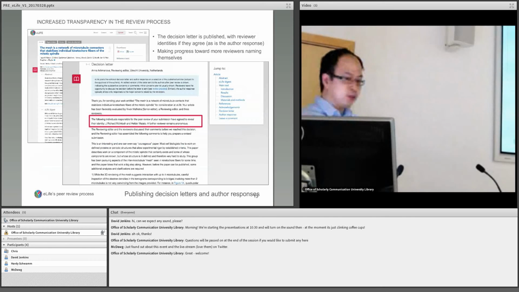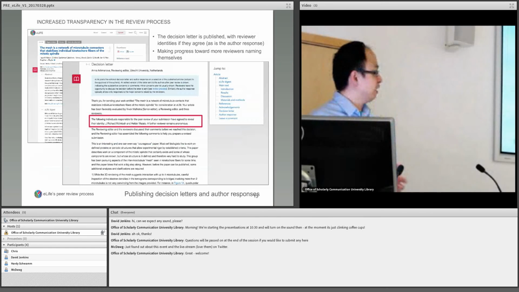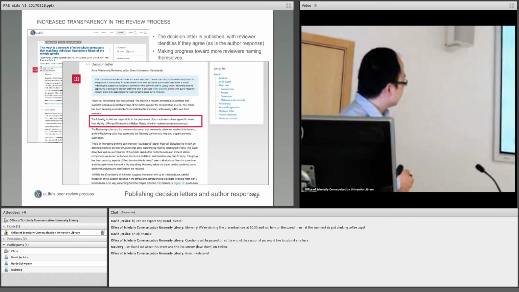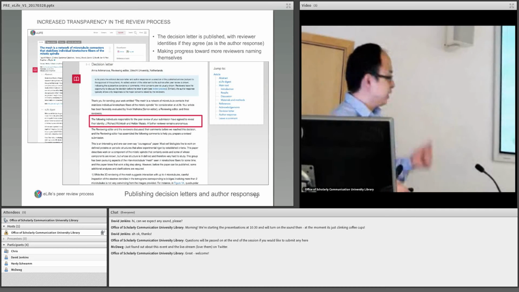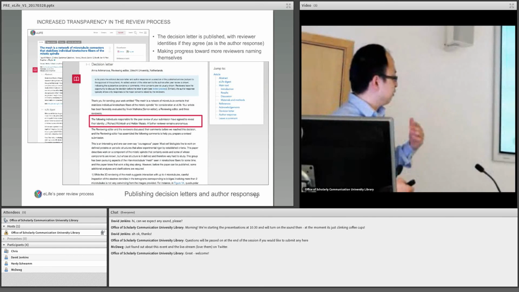A second way we're trying to increase transparency in the peer review process is through the publishing of decision letters and author responses. For articles which are accepted for publication, we will share the senior editor, the reviewing editor, the reviewers, and the number of reviewers, their identity, if they agree to share their identity.